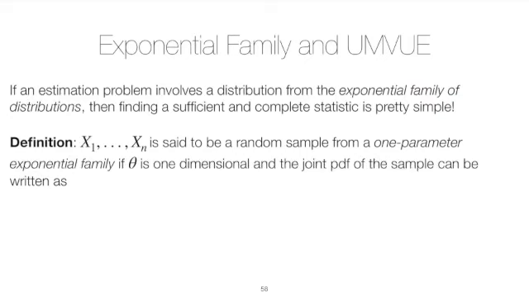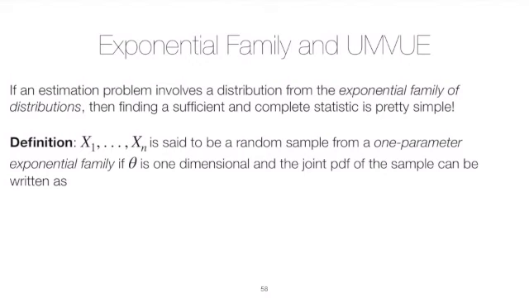It turns out that with many of the distributions that we work with, for example, the exponential, the normal, the Poisson, the binomial, we can pretty easily get a complete and sufficient statistic.